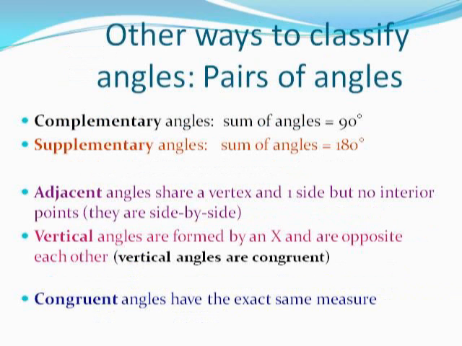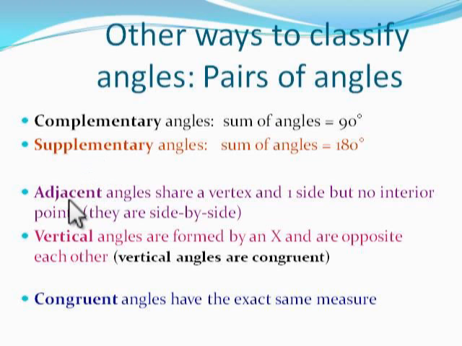There are other ways to classify angles, especially when we're talking about a pair of angles. So two angles that together add up and have a sum of 90 are called complementary. If you have two angles that together add up to 180 degrees, then they are called supplementary.